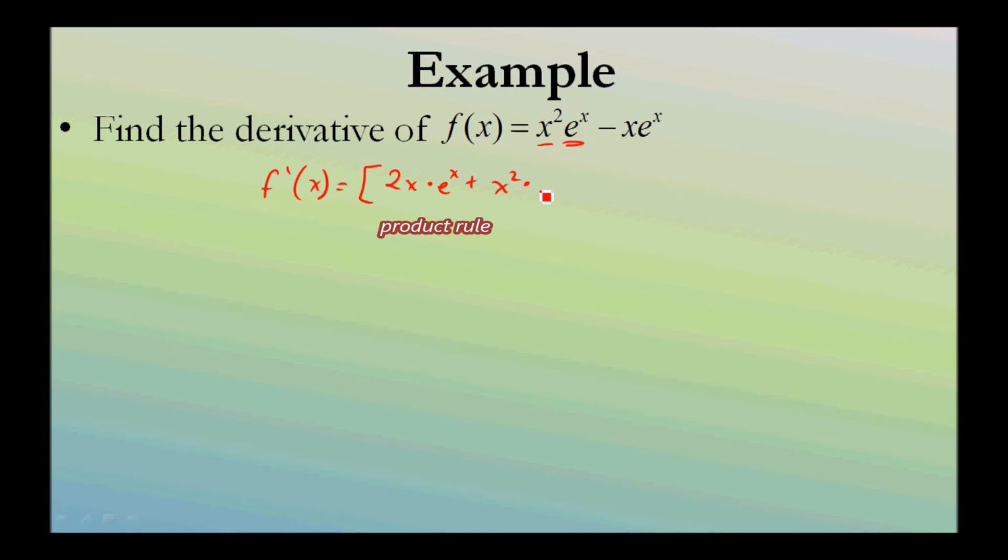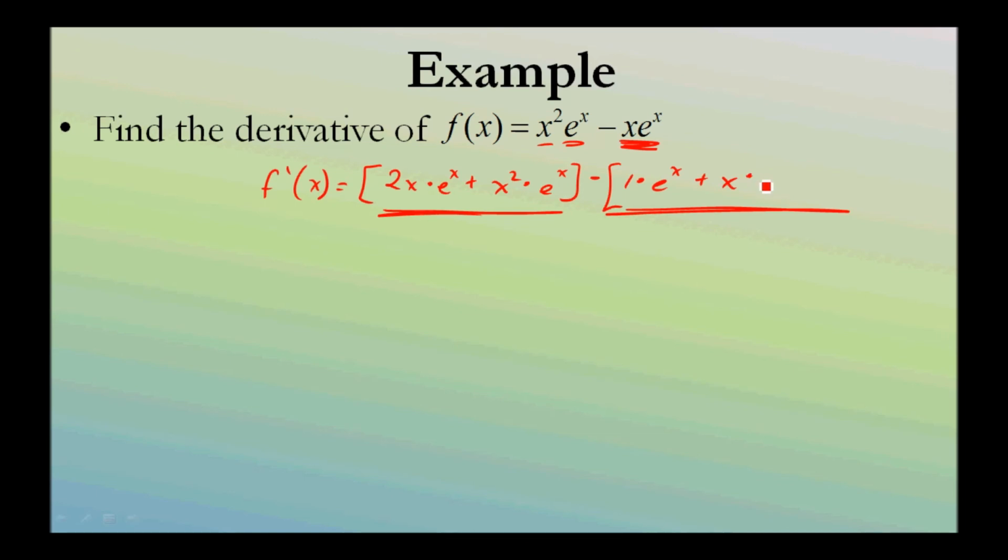The derivative of e to the x is simply e to the x. We applied the product rule here, and we're going to apply the product rule again once more because of this product: derivative of the first times the second plus the first times the derivative of the second.